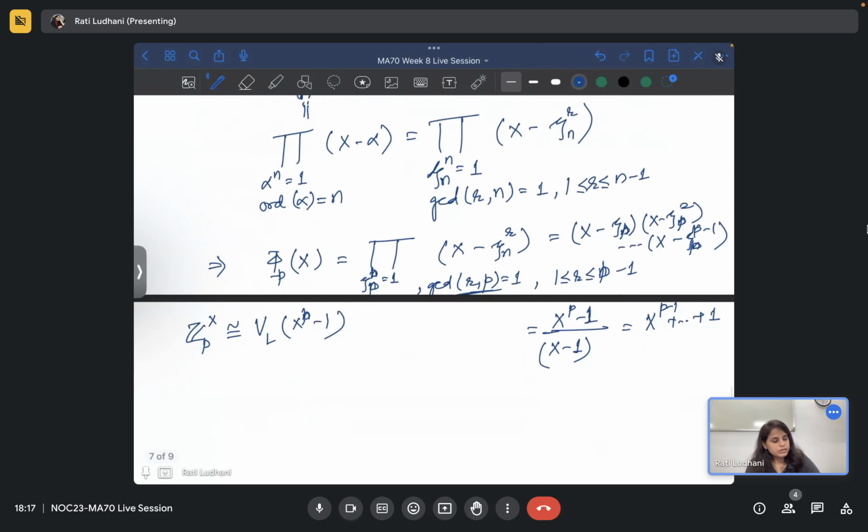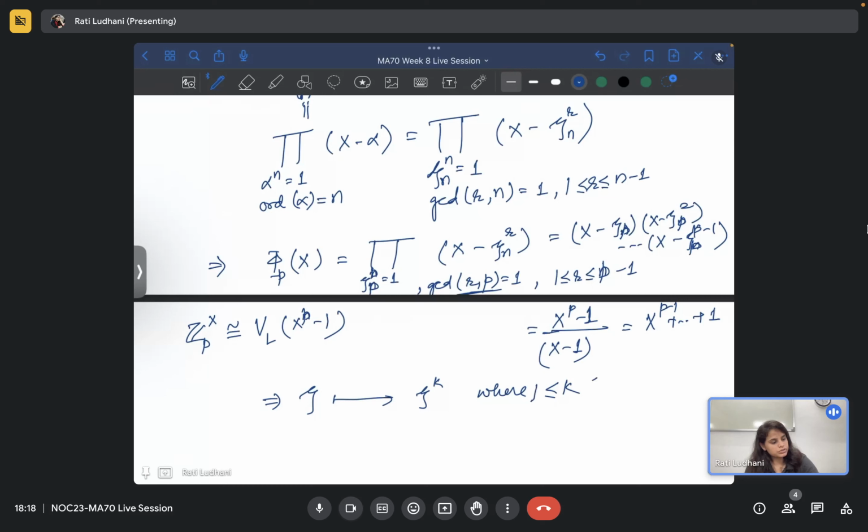So the main thing is, this implies zeta will map to some zeta raised to power k, where k is in between 1 and p minus 1, the roots of the minimal polynomial, that is these p minus 1.